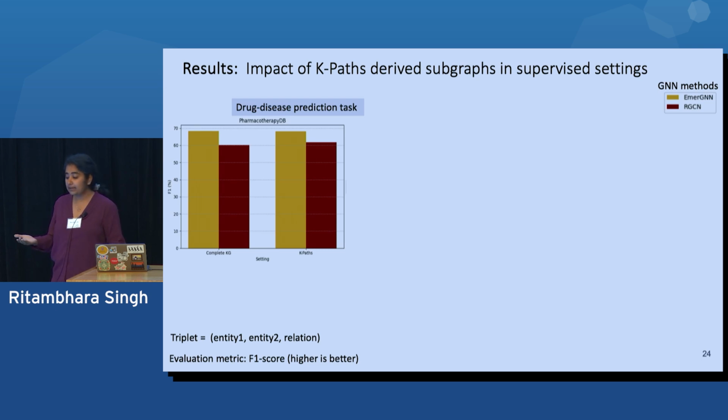What we find is that there is barely any difference in performance between using the full graph and K-PATHS, but there is a significant difference in the amount of data that we are working with. With the complete graph, we are looking at some 1.7 million triplets, whereas with K-PATHS, we have reduced it to just 100,000 triplets, which is way less.